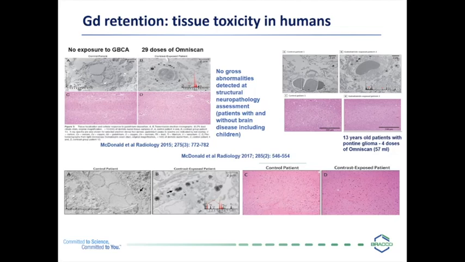Now we come to the most interesting part of the discussion on gadolinium retention for clinicians. Does gadolinium retention cause damage to tissues, and particularly brain cells? In 3 studies performed at Mayo Clinic, in both adults with and without brain disease and pediatric patients, no gross abnormality at structural neuropathology assessment could be demonstrated even after 29 injections of Omniscan, the GBCA known to be retained most in the human brain.